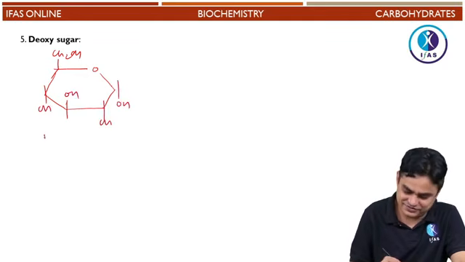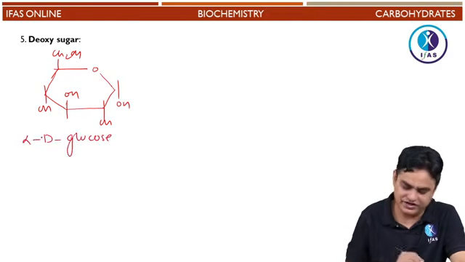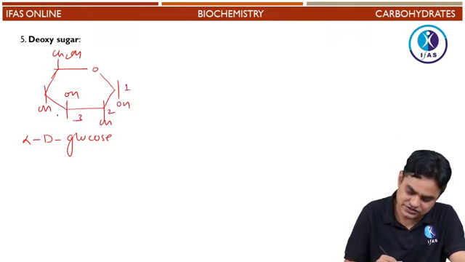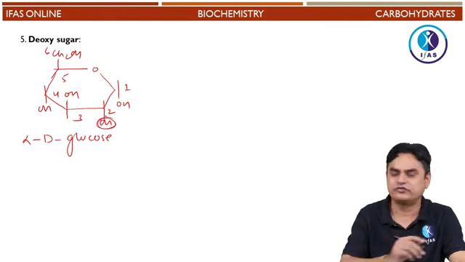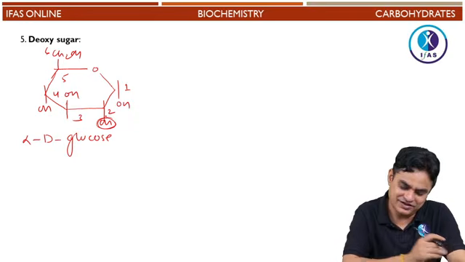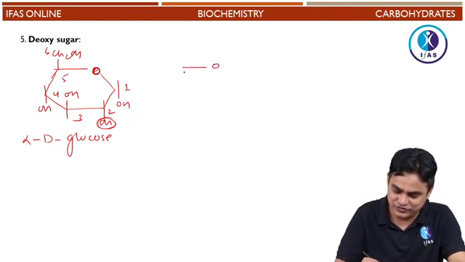This is D-glucose, or if the OH group is down the plane, you can say alpha D-glucose. This is carbon 1, carbon 2, carbon 3, 4, 5, 6. If you remove the OH group from this place, what will happen? A well-known molecule which is very much in the limelight nowadays, you would have heard its name in reference to DRDO.